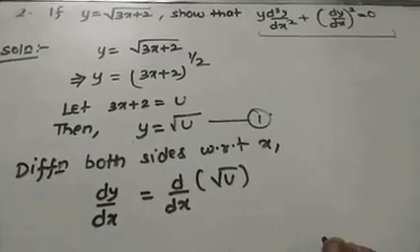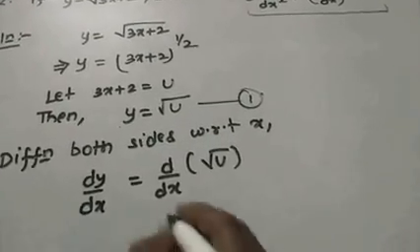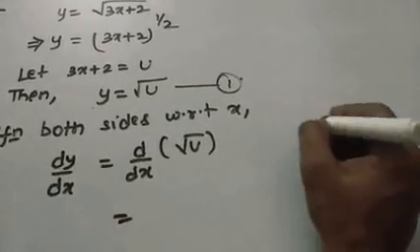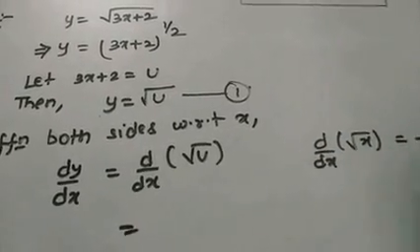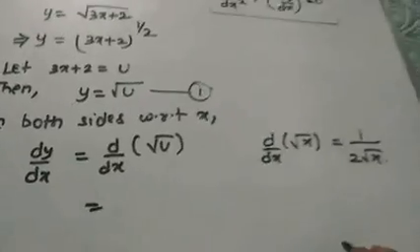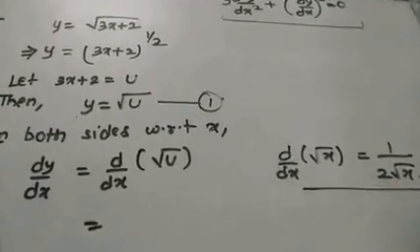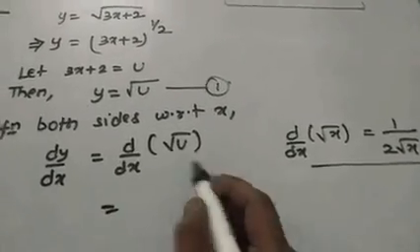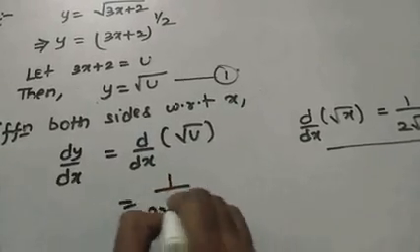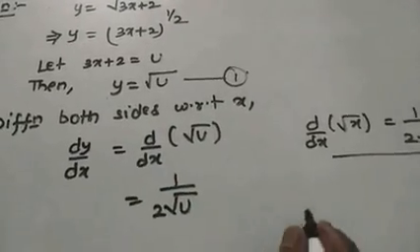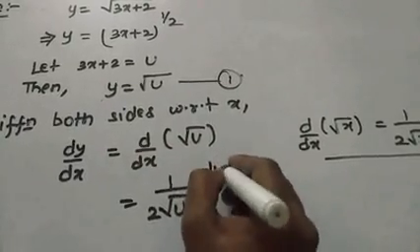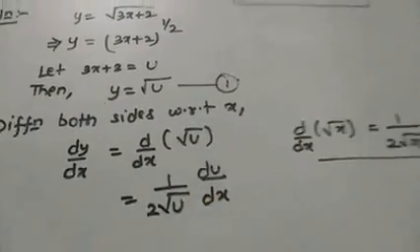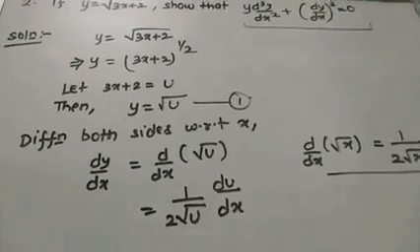As we know, d dx of root over x is 1 by 2 root over x. So always we are going to use this result. So for root over u, what can we write? 1 by 2 root over u. But this is u, this is x, not the same. So by chain rule, further differentiating u with respect to x. We have done this in the topic of chain rule.